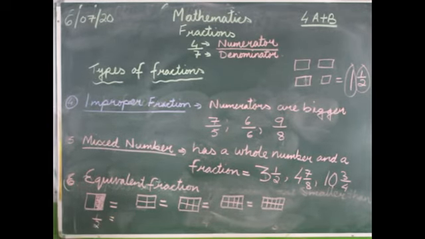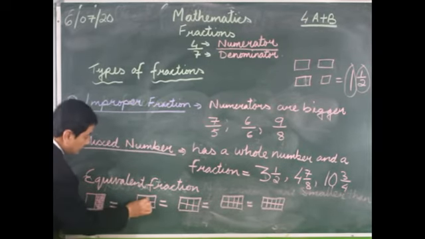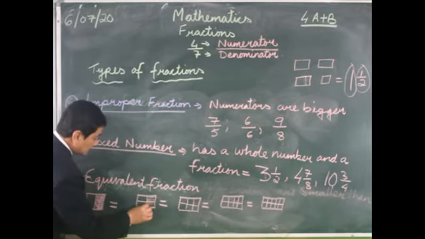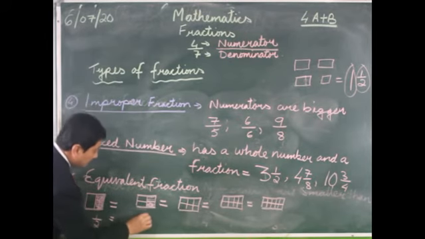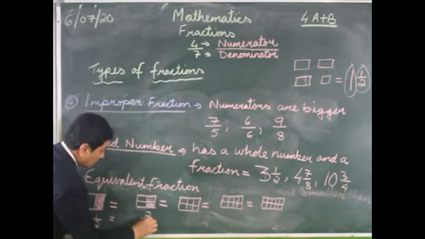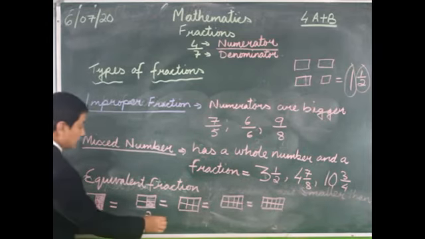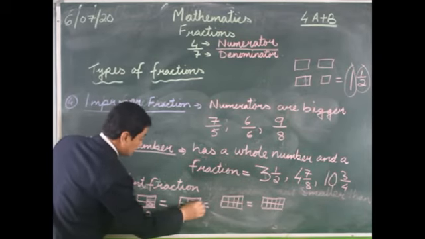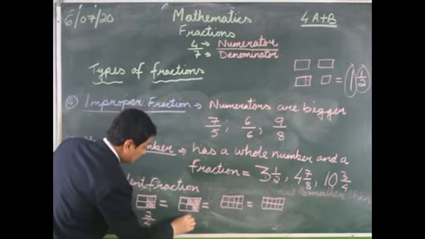1/2. Now again, over here, if you eat 2 parts out of how many parts? 4 parts. 2 out of 4. So how many parts you have eaten? 2 parts. Okay? Here you ate 3 parts. How many parts did you eat?